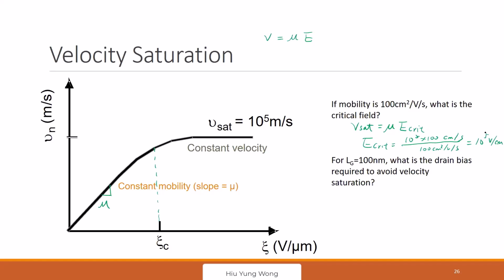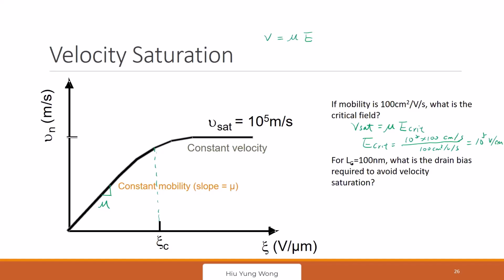So once you reach this electric field, your electron will be traveling at a constant velocity, right? Even if you add a higher electric field, it refuses to travel faster. That is the limit. So when will we hit this problem, velocity saturation?